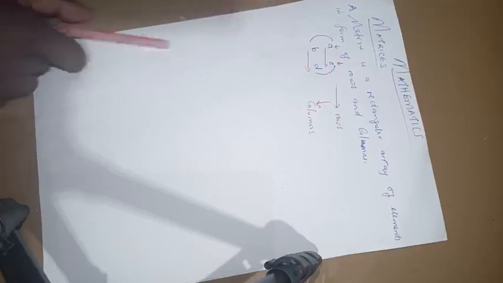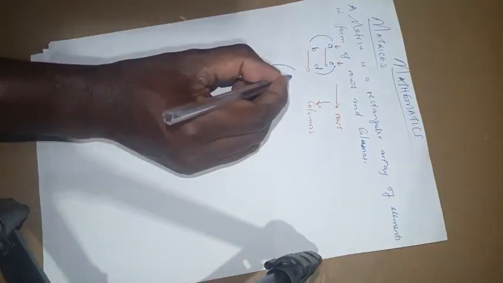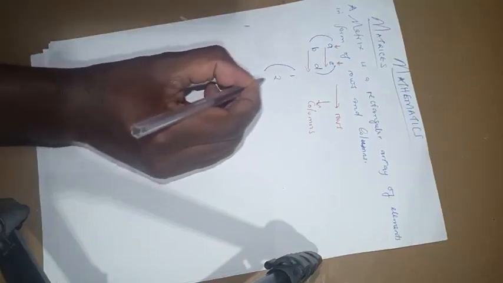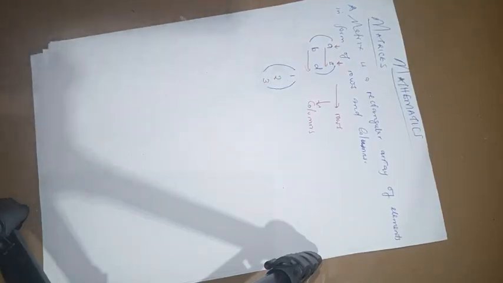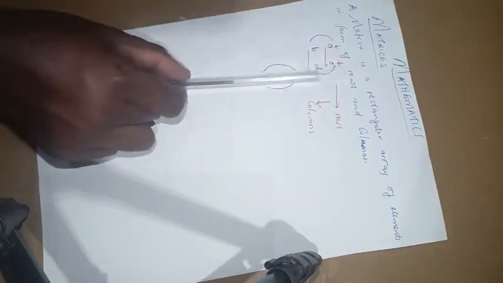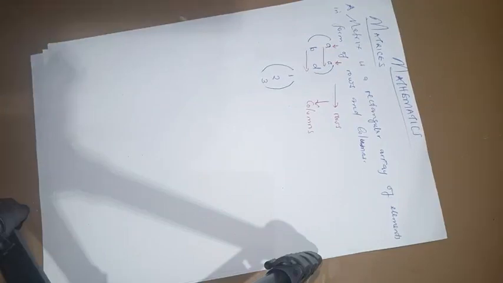Okay, so let's look at this example. We have 1, 2, 3. How many lines of numbers are arranged in a horizontal arrangement? We only have one line here, which is called a column.